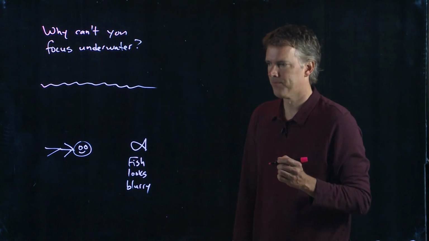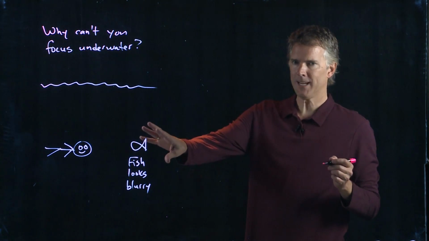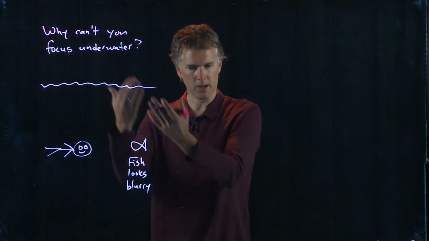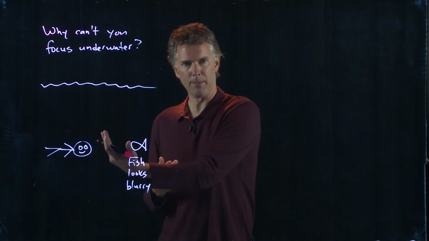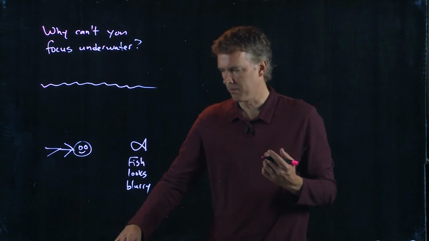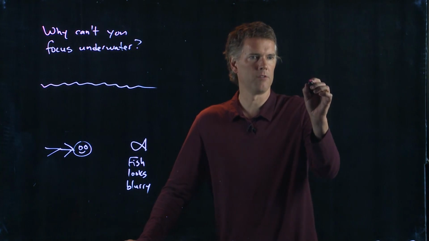Why is that? To understand this, we need to think about what's happening to the rays of light that are coming from the fish to our eyeballs. Okay? And let's draw a couple pictures here. Here's your eyeball.